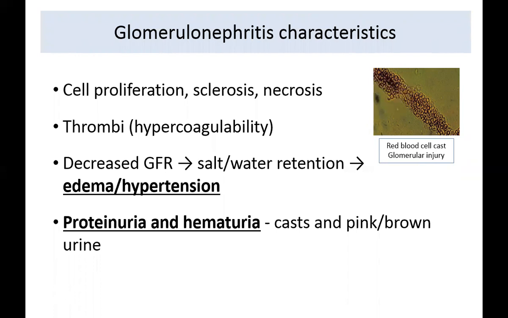And there's a decrease in overall glomerular filtration rate, even though you're filtering more protein. And this leads to salt and water retention. This leads to edema, hypertension. So these are a couple of the major signs and symptoms that you see in these conditions. And in the urine, lots of protein, and in some of the conditions, hematuria. Not in all of them, but in some of them.